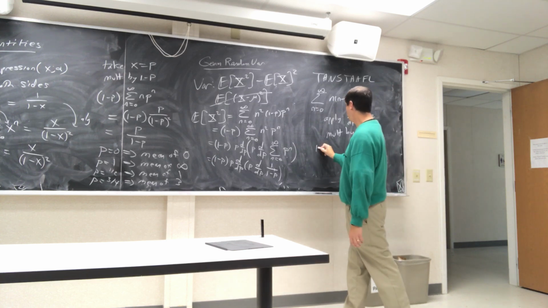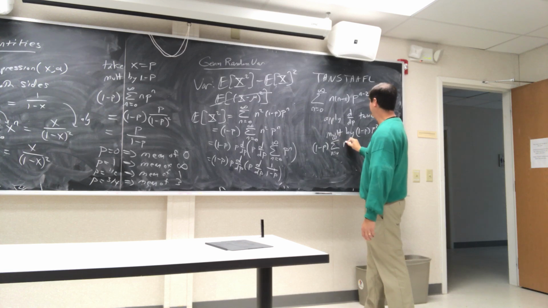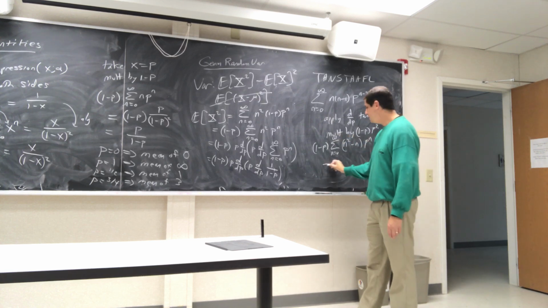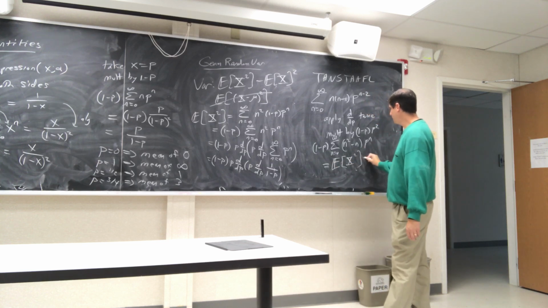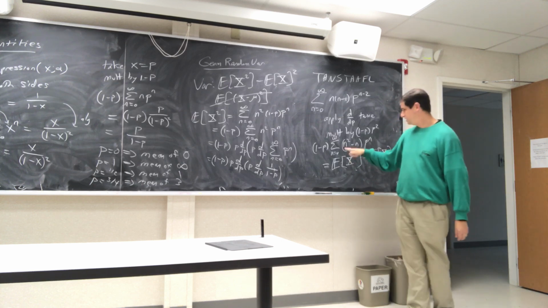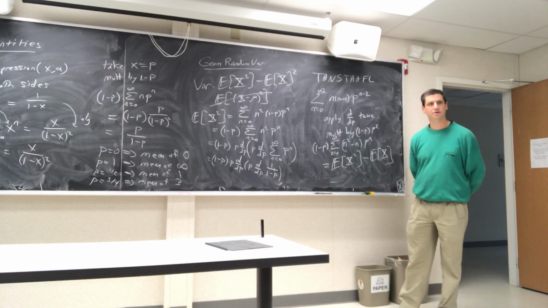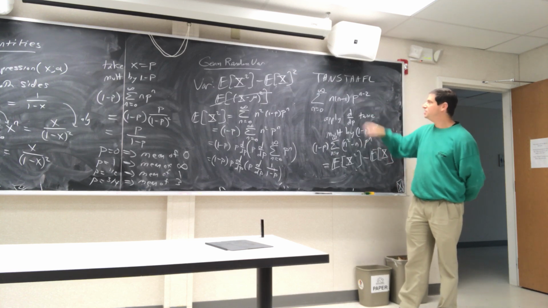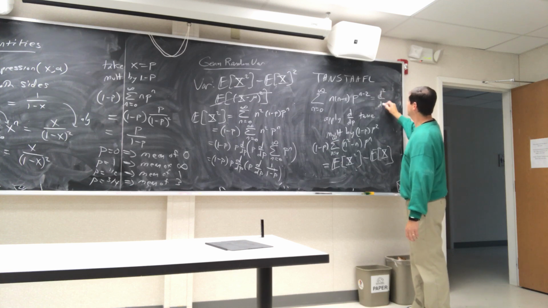And then that would give us 1 minus p times the sum, n goes from 0 to infinity, of (n squared minus n) times p to the n. And this would be the expected value of x squared minus the expected value of x. Because the n squared will give us the second moment, and the n will give us the first moment. And this would now have a much easier thing to differentiate. This would just be d squared by dp squared of 1 over 1 minus p.